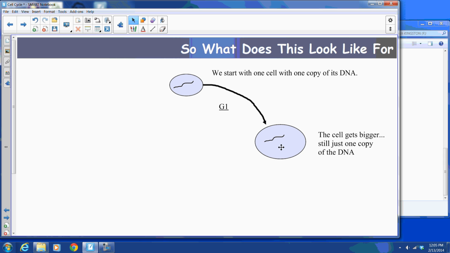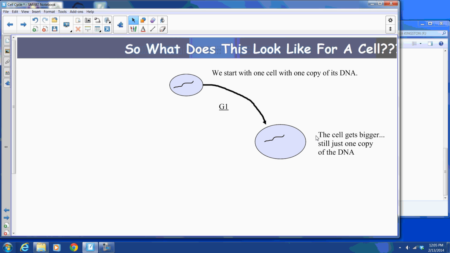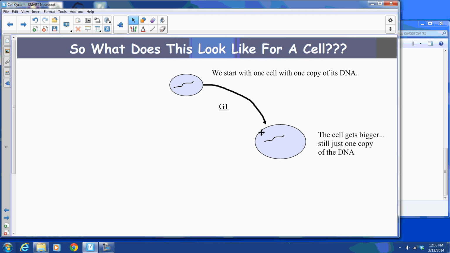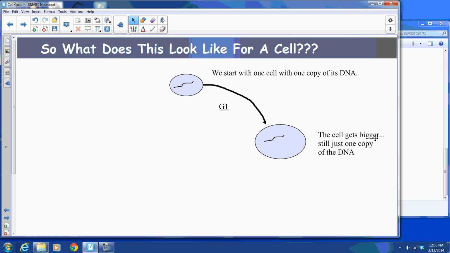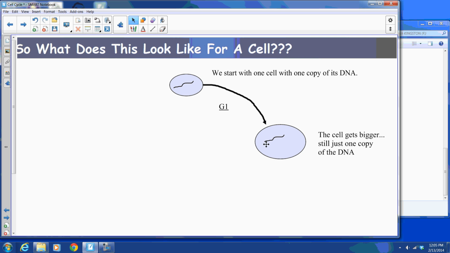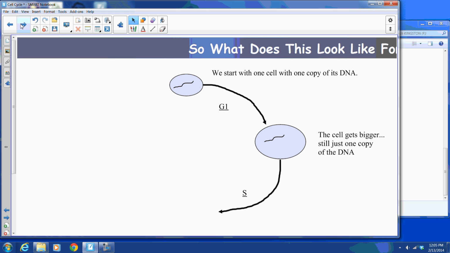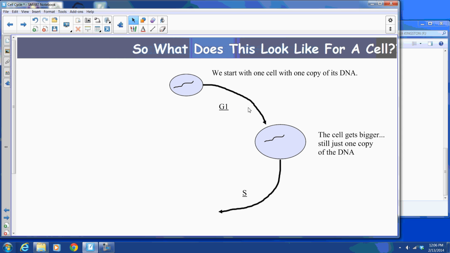And so our second picture here, we got a bigger cell, still one copy of the DNA, but we have increased in size. Right? So the cell is going to get bigger and get ready to copy the DNA, but it hasn't copied it yet. That's going to happen in the next phase that comes along, which of course we learned on the other side was the S phase of the cell cycle. So again, we got G1 here.